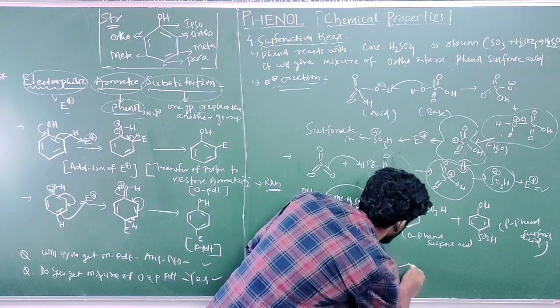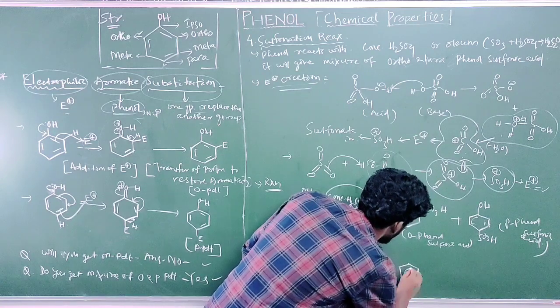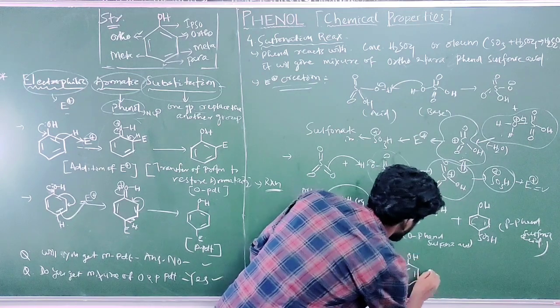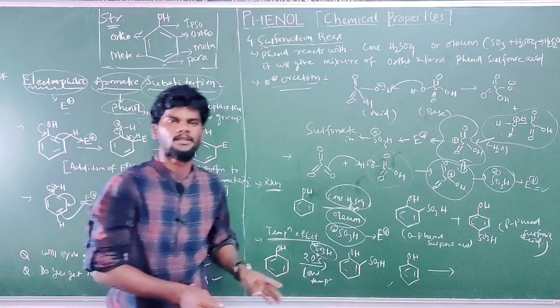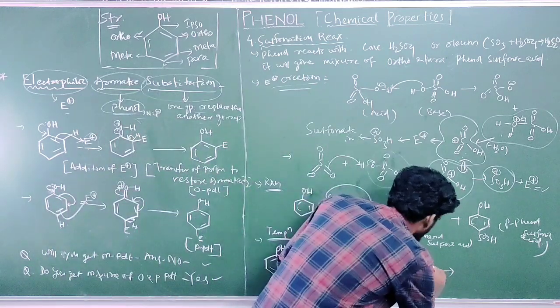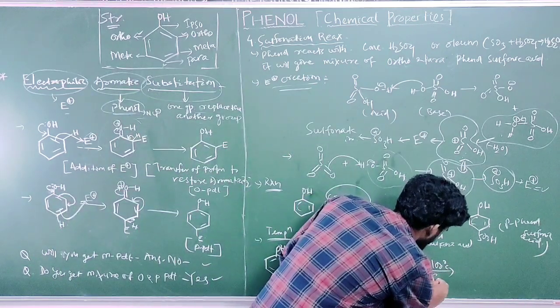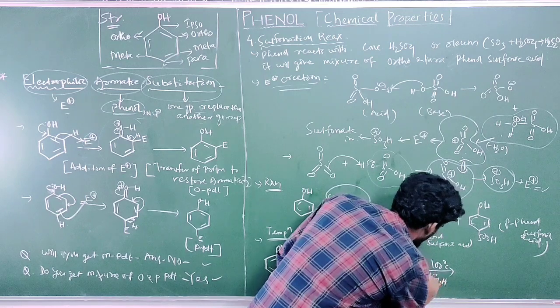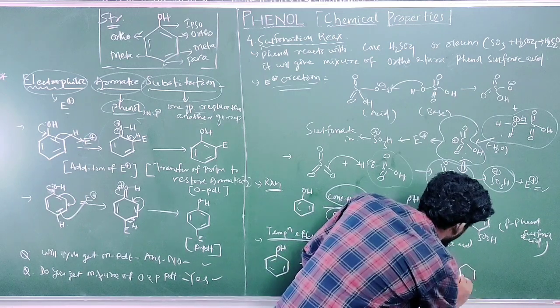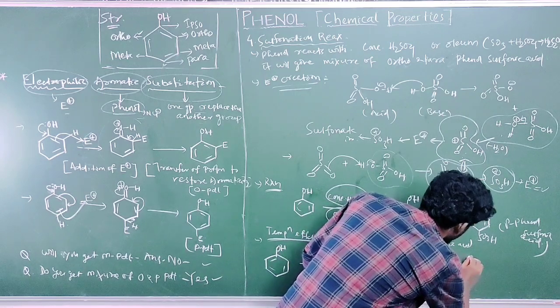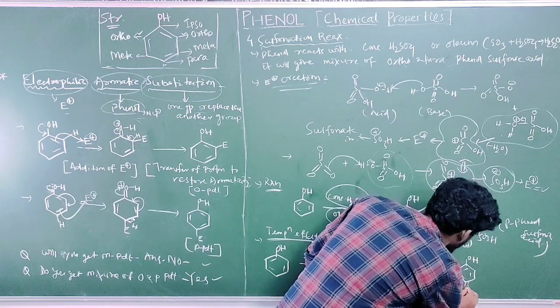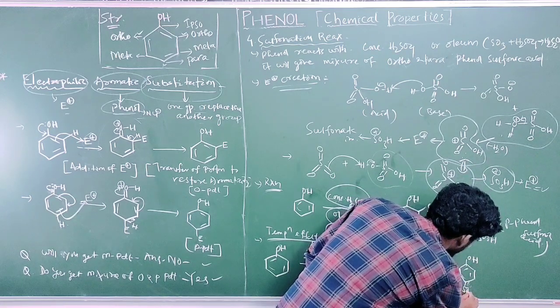And at higher temperature, if you set up the same phenol reaction at around 100 degrees Celsius, the electrophile is SO3H plus, and you will get para product exclusively, SO3H.